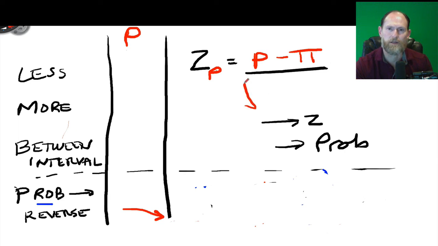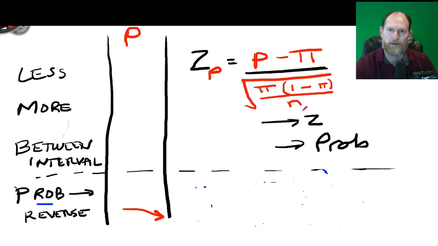Now the denominator essentially is the standard deviation of P. It is the P-pop, the population proportion, times 1 minus the P-pop, and then that whole thing is over n. Okay, so we need to put n in there, do that division, and then determine the square root.